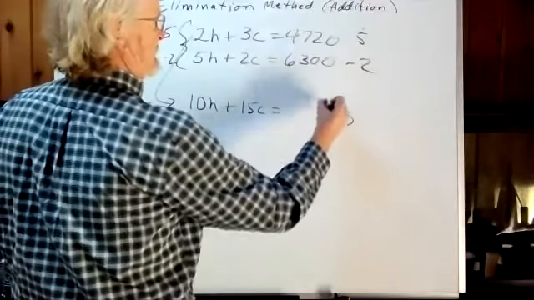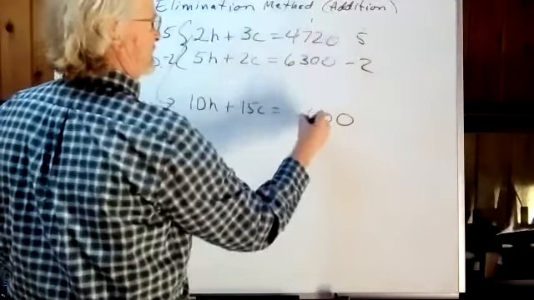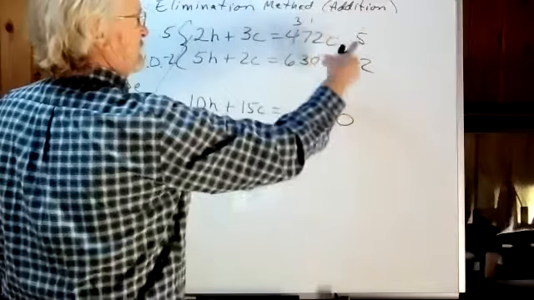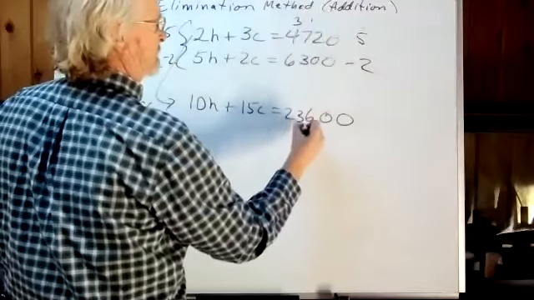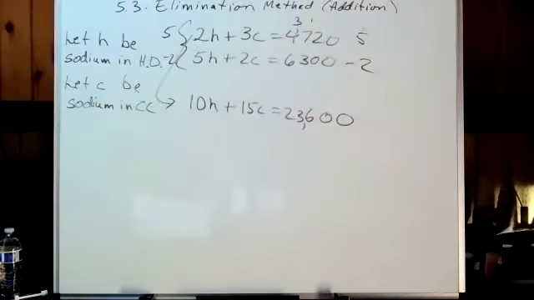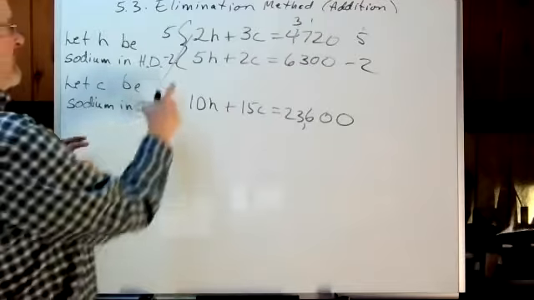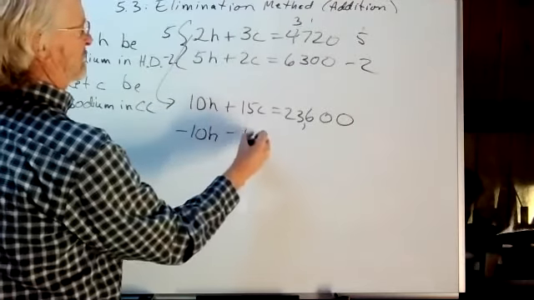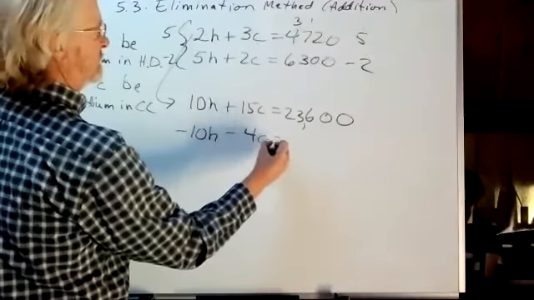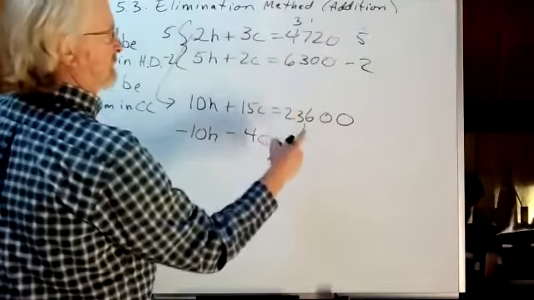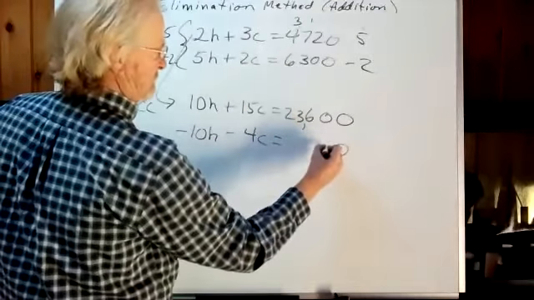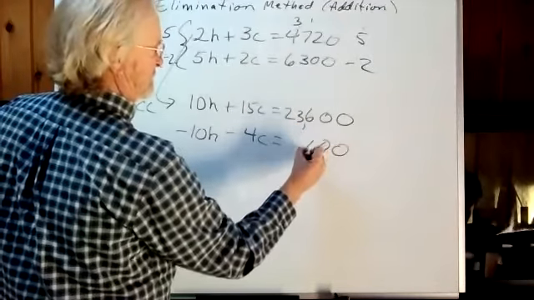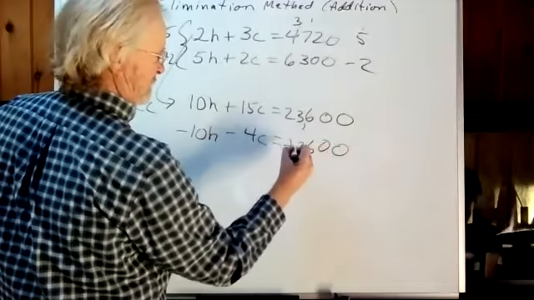That's 10, 35, 36, 23. You do that in your calculator if you want to double check me. -2, -10H minus 4C equals 2 of those is going to be 0, 0, 6, -12,000.